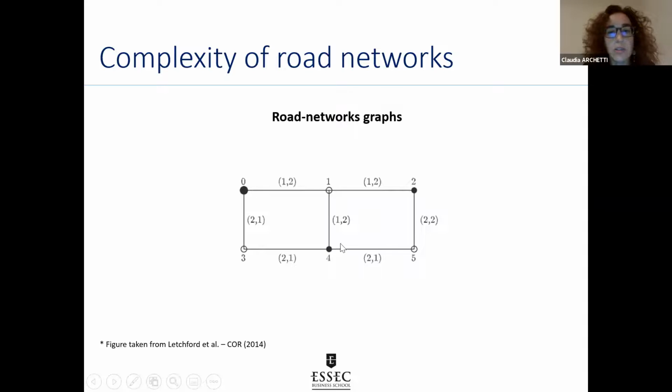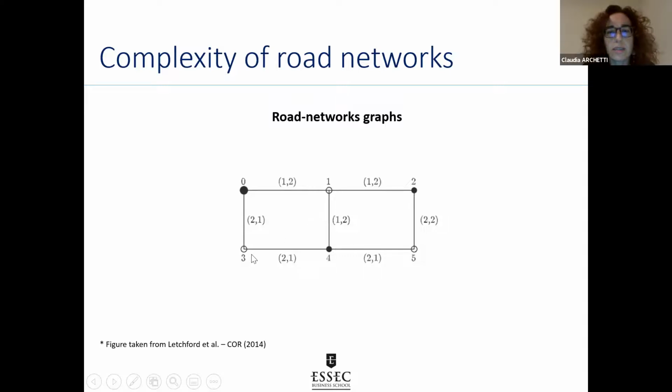In black, you have the locations that you need to service, our vertices 0, 2, and 4. But then you also have additional vertices in white that are not locations that you need to service, but represent features of the road network. Specifically, in this case, they are intersections between roads and streets in the road network.